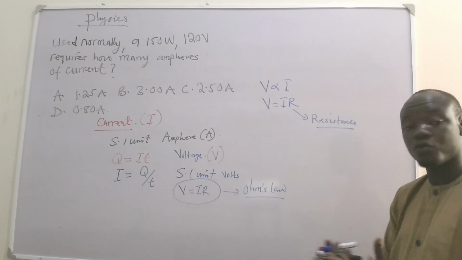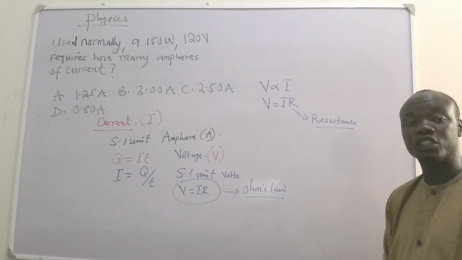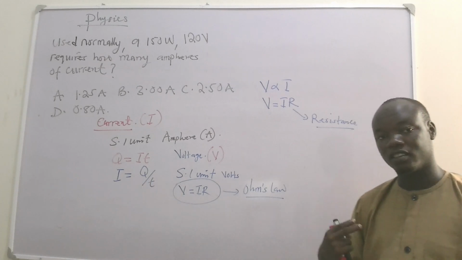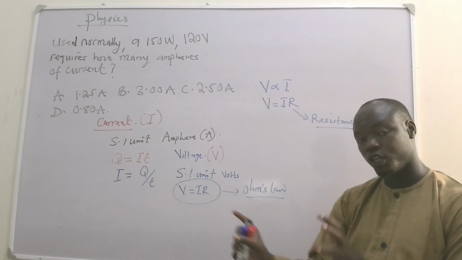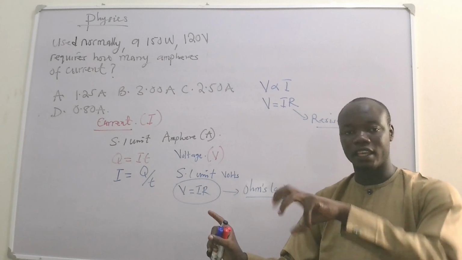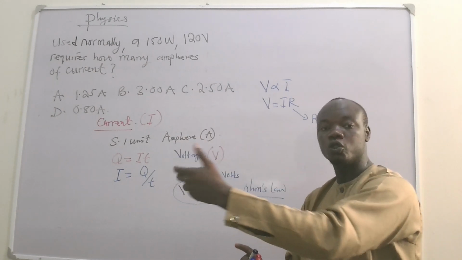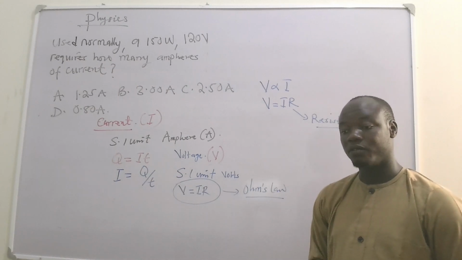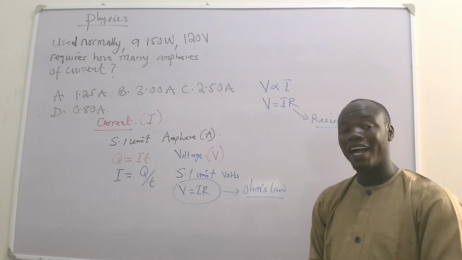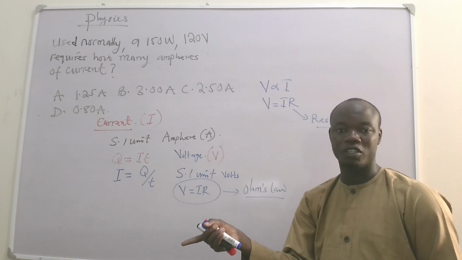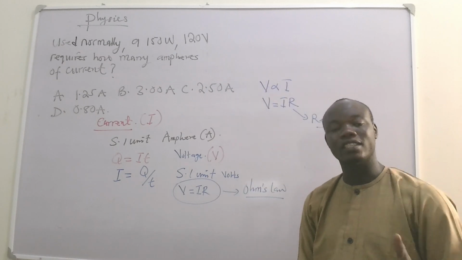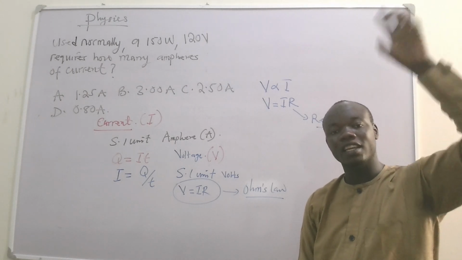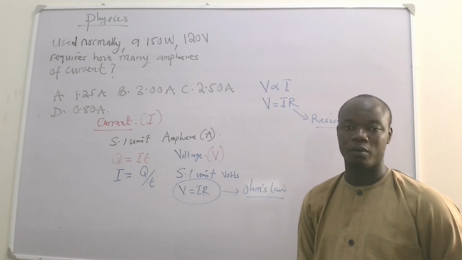Resistance is like an opposing force, the rate of opposition to the flow of electrons in a conductor. Whenever electrons try to flow in a circuit, resistance tries to oppose their movement. Therefore, the lower the resistance, the higher the conductivity of the material, and the higher the resistance, the lower the conductivity of the material.